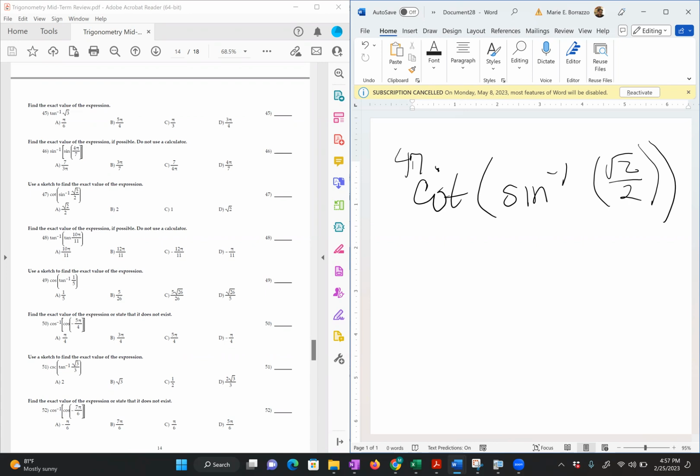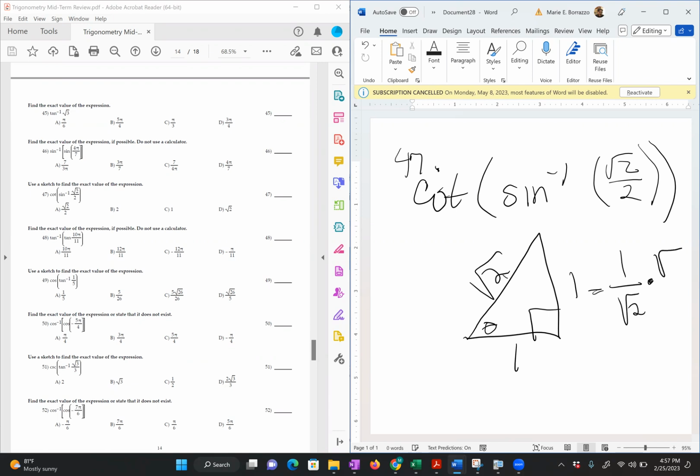Anytime you're doing the cotan of this angle, you can likely solve it quickly. So for example, if I have a sine of square root of 2 over 2, because remember, this is always square root of 2, and this is 1 over 1, and assuming this is my theta, my answer for this will be 1 over square root of 2, which I rationalize the denominator to get square root of 2 over 2. Now I want the cotan of that.